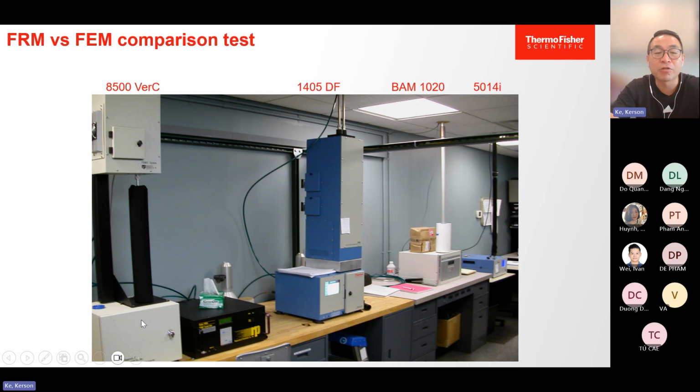They have different models. This is the last generation of TEOM. This is the current 1405DF. This is the beta technology from Met One. And we have another beta instrument, the 5014i.